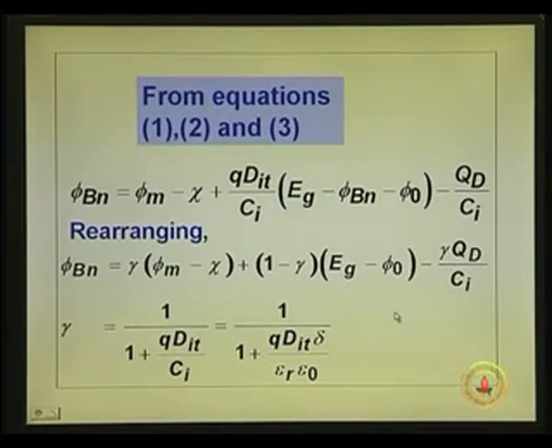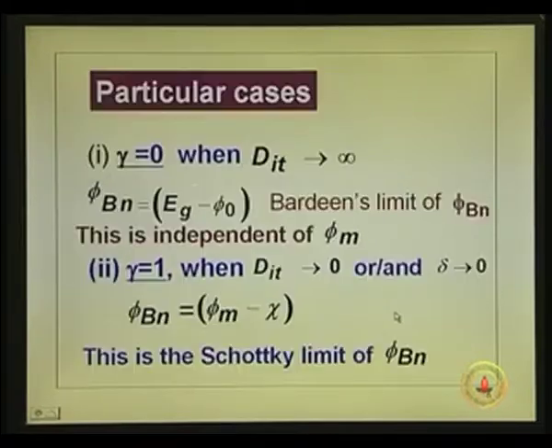So, you will have only Eg minus phi naught. So, what we are telling is if the dit is very large, gamma equals 0 and phi Bn is Eg minus phi naught. So, it depends upon the difference between Eg and phi naught. The phi Bn now depends upon what the value of phi naught is.